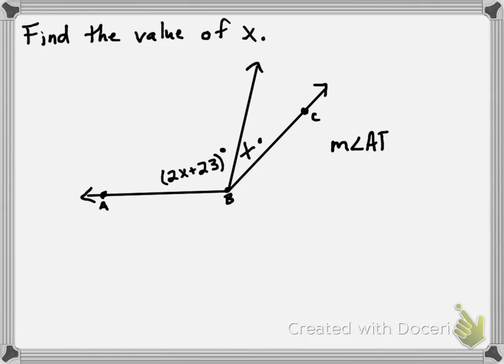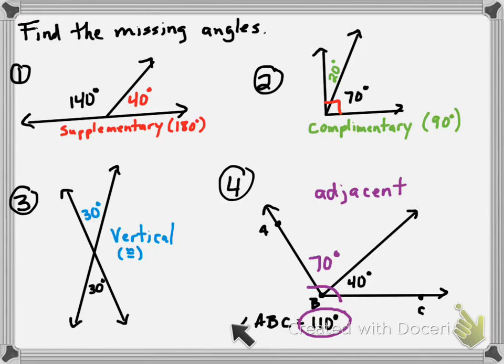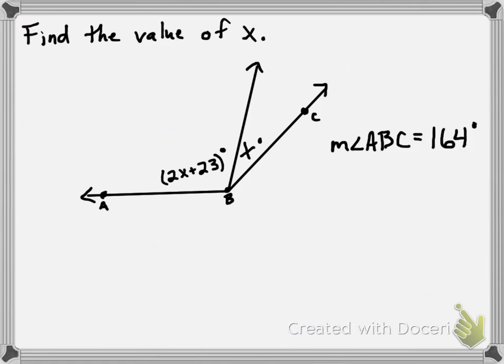And I know that the measure of angle ABC equals 164 degrees. Now, that's similar to the last one because we knew the total angle, we knew one of the angles, and we had to find the other one. So we're going to do this similarly.